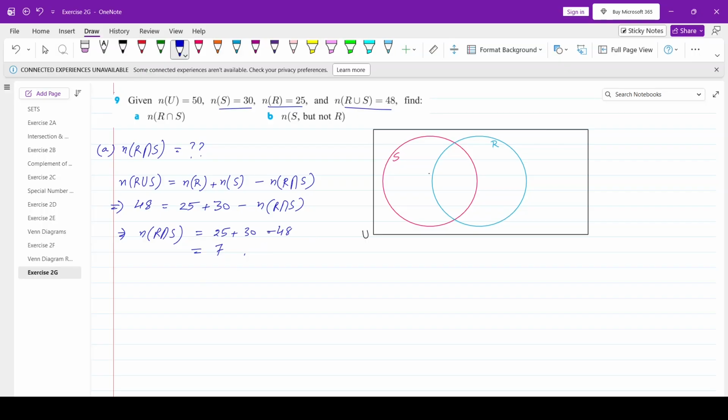Now we can put the values in the Venn diagram. So R intersection S is going to be 7 elements in this region. The number of elements in S is 30. So S but not R is going to be 23.